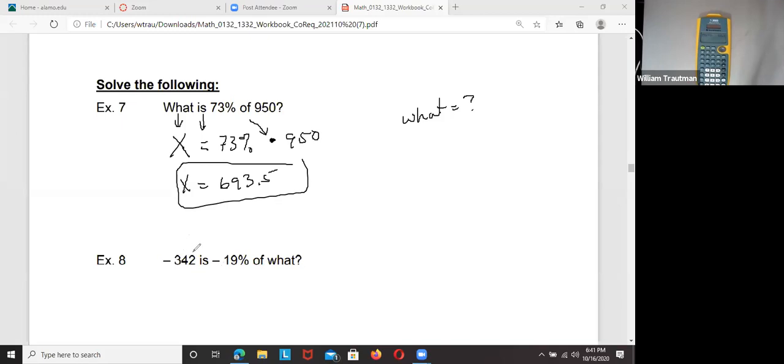Okay, so this is a little weird with the negative numbers here. Negative 342 is... don't forget, "is" means equals, "of" means multiply.